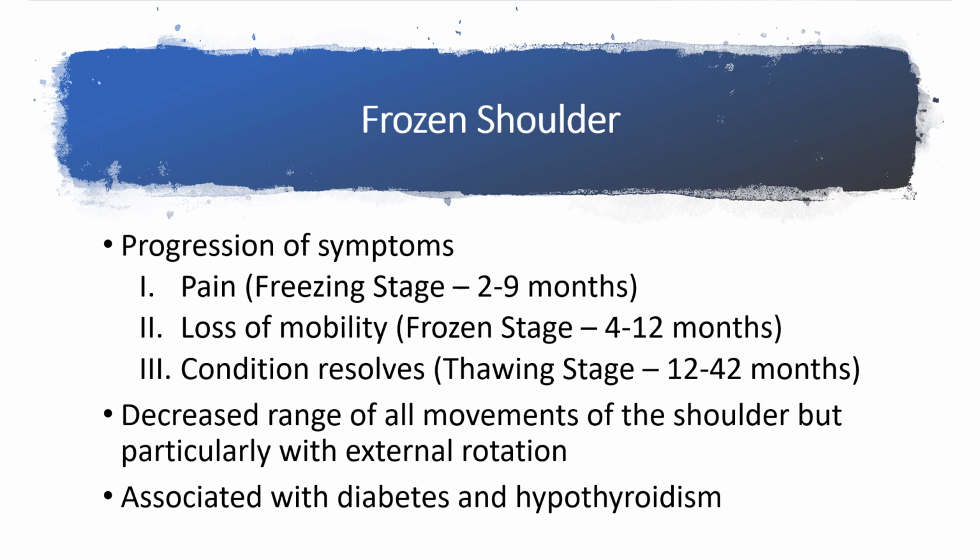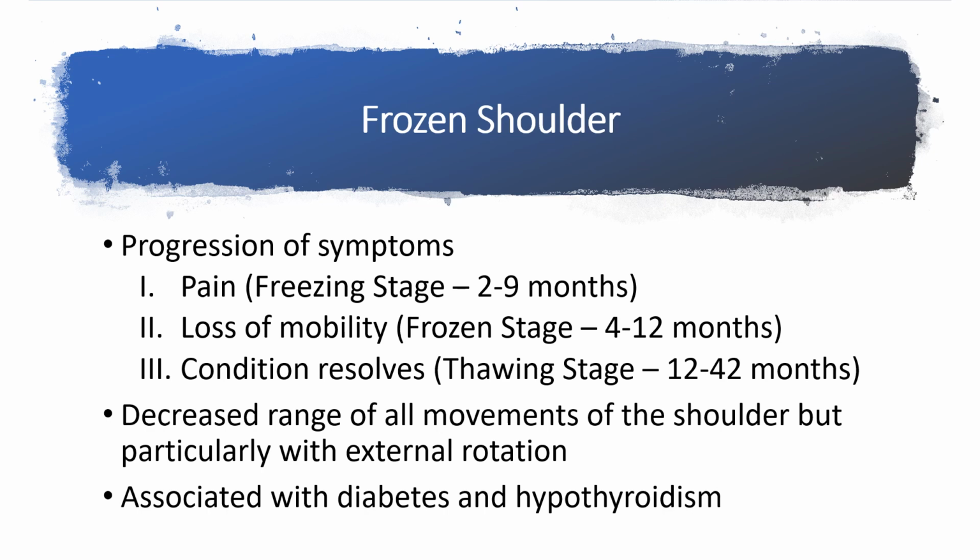It's continuous, it's quite a throbbing pain, and also you get reduction in all movements of the shoulder. Particularly in the beginning though, it's external rotation of the shoulder that's difficult. So she's probably going through the freezing stage in that first 2 to 9 months.